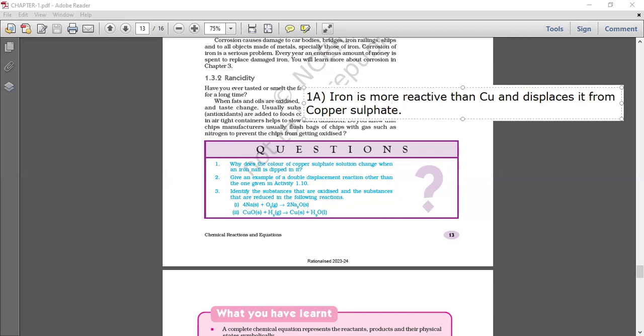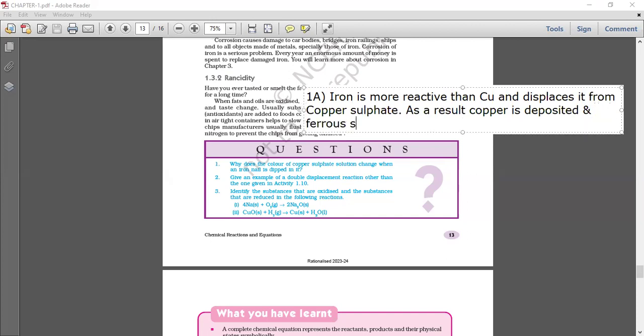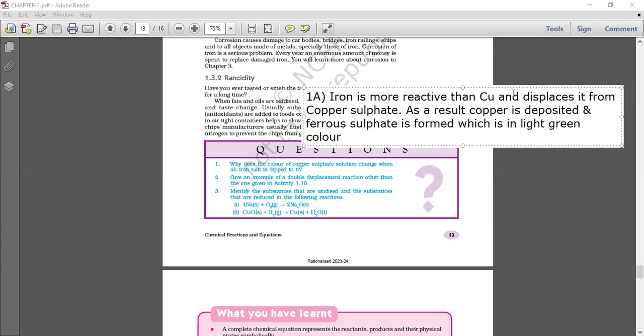And what happened as a result? You may write down the answer. As a result, copper is deposited, and ferrous sulfate is formed. And what is the color? It is light green in color. Understood? I hope you understood.